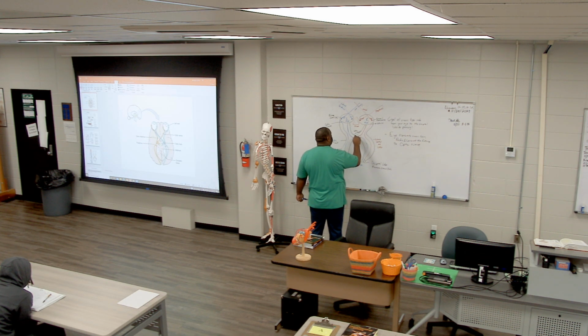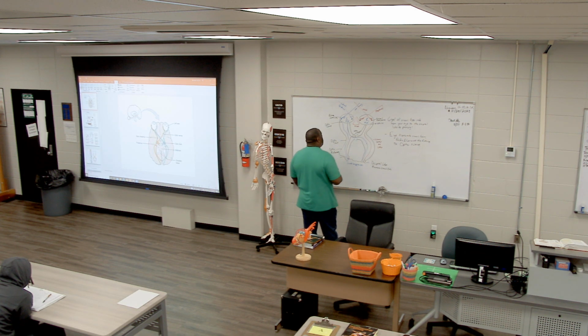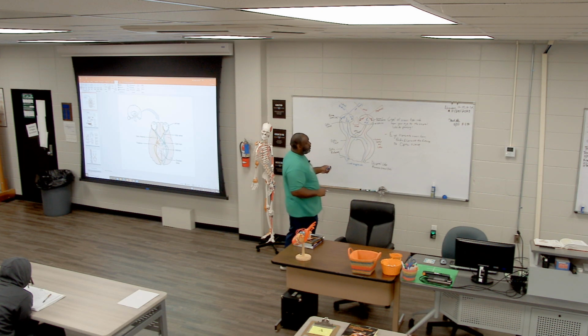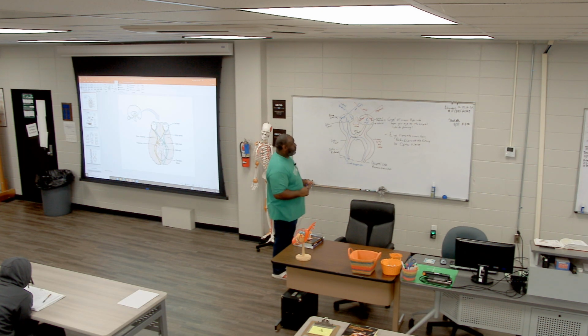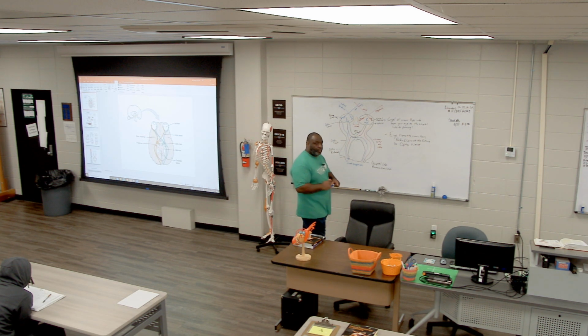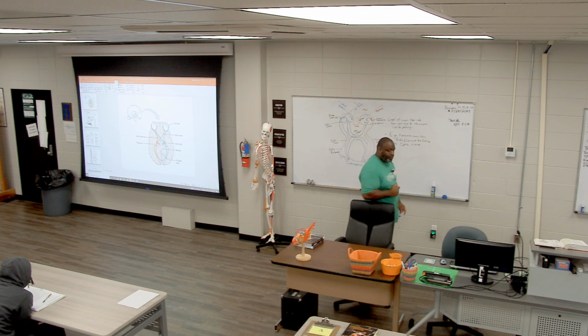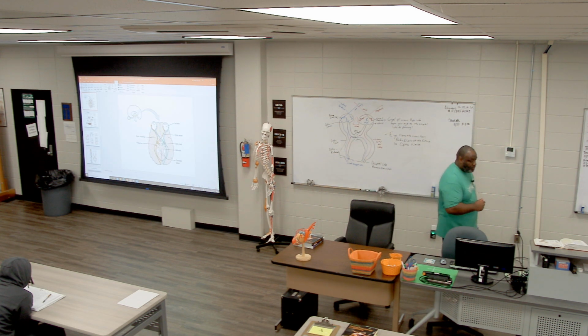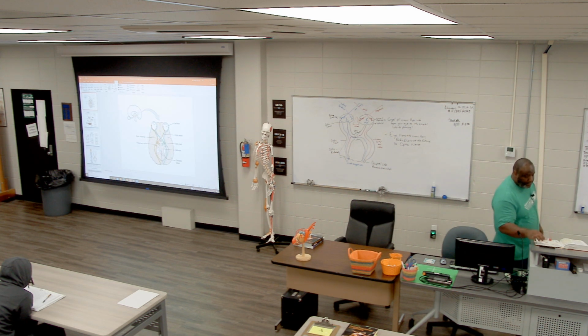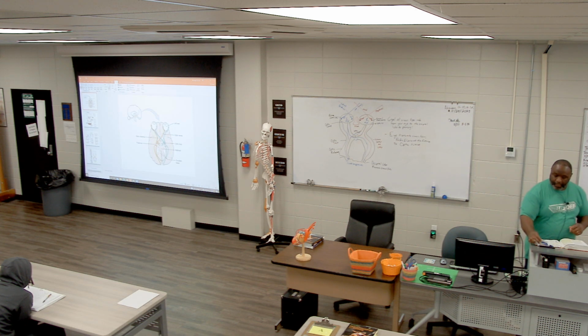It's going to pass through my chiasm, and it's going to then join with my left eye's rods and cones, and it's going to then go to my occipital lobe. Okay.